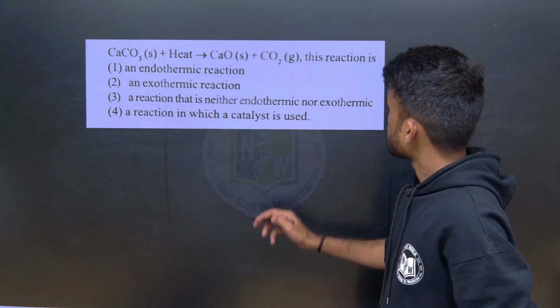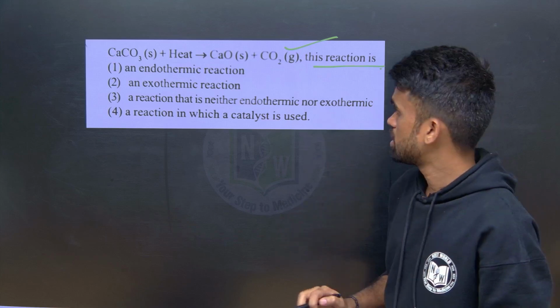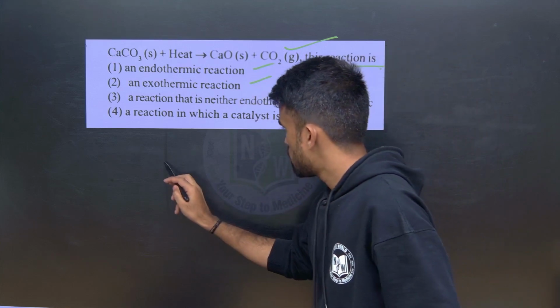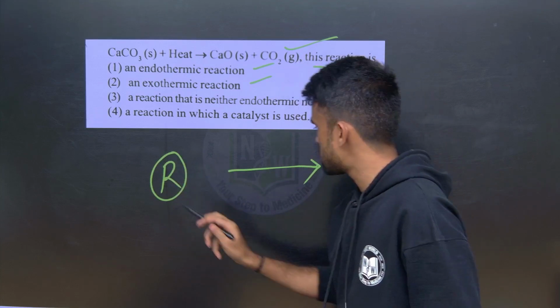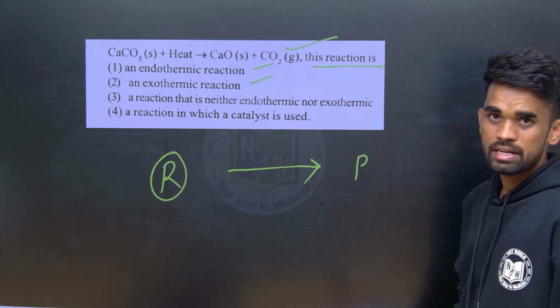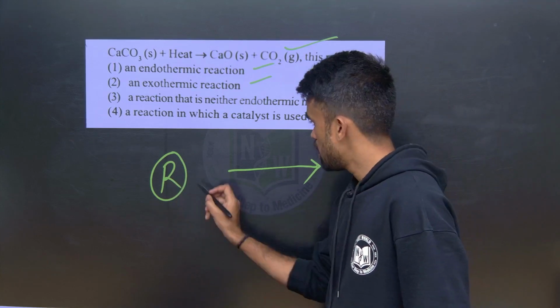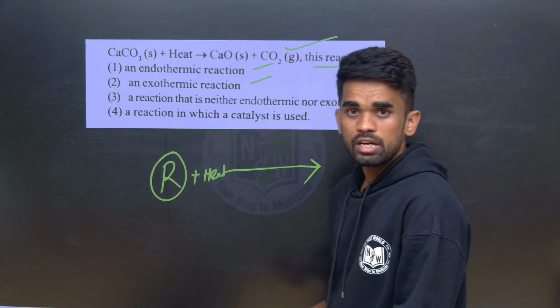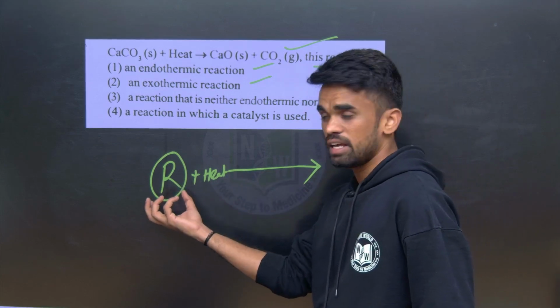See, this reaction is given and they are asking whether it is endothermic or exothermic. During a reaction, to this side of the arrow we have reactants and this side we have products, right? Along with the reactants, if plus heat is given, it means that in order to do this reaction, heat is supplied along with the reactants.